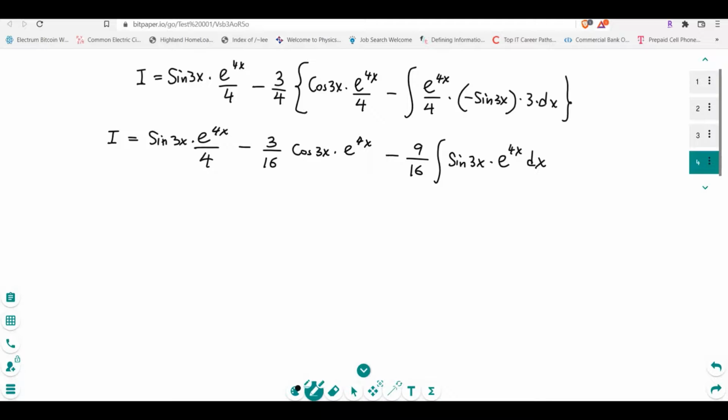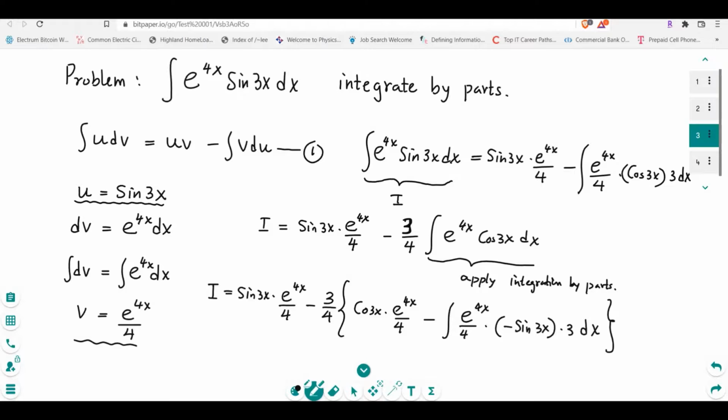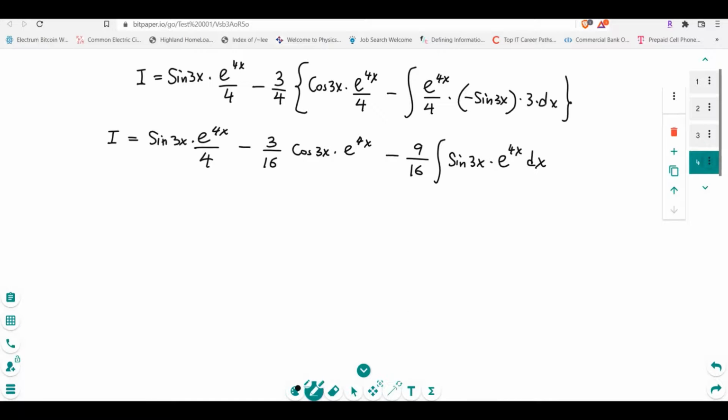Now, if you look at this expression, the integral of e to the power 4x sine 3x dx is our original integral. So that's this same one, okay?